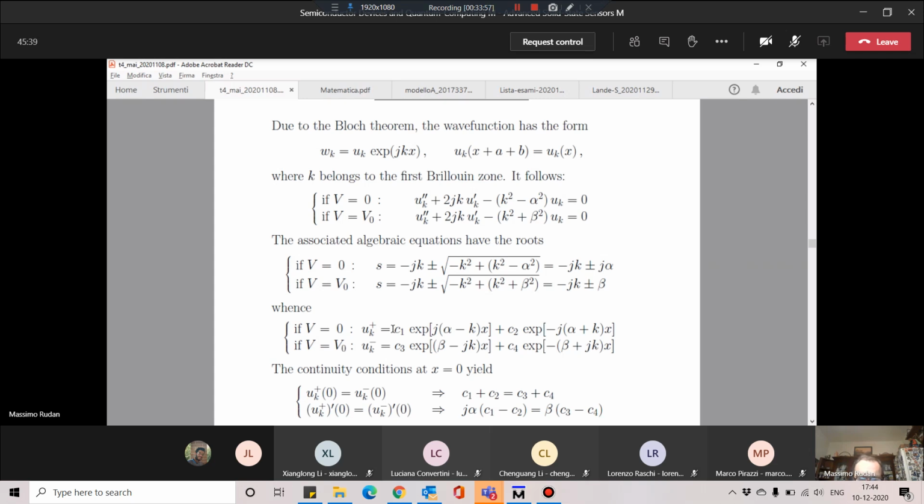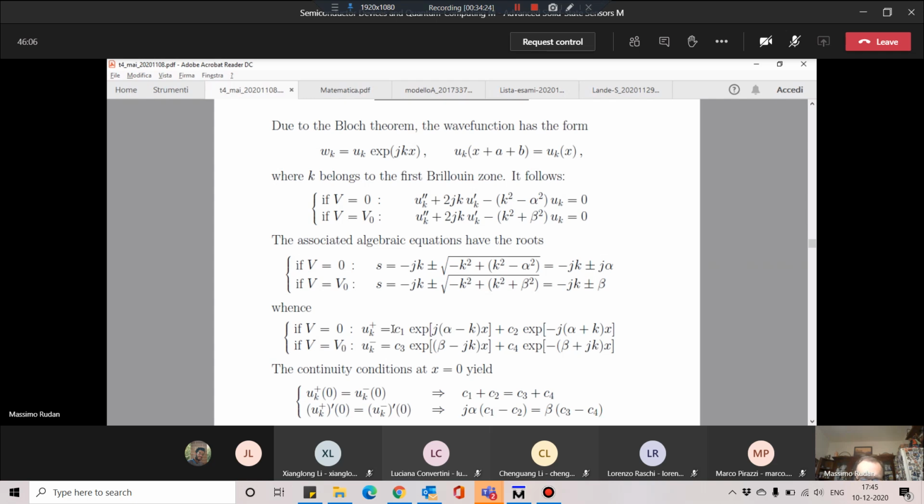But we have 4 conditions because we have the continuity of the solutions at x equal to a, and then we have the periodicity, okay? So we have 4 conditions and 4 unknowns.